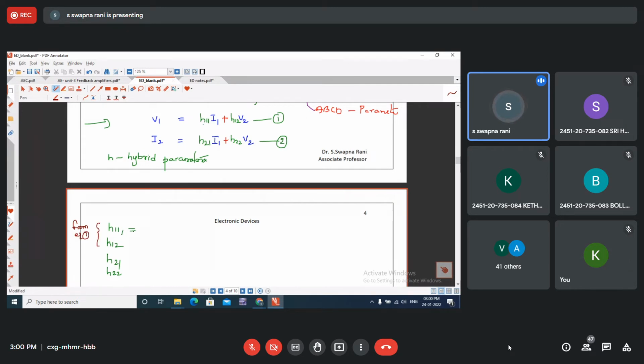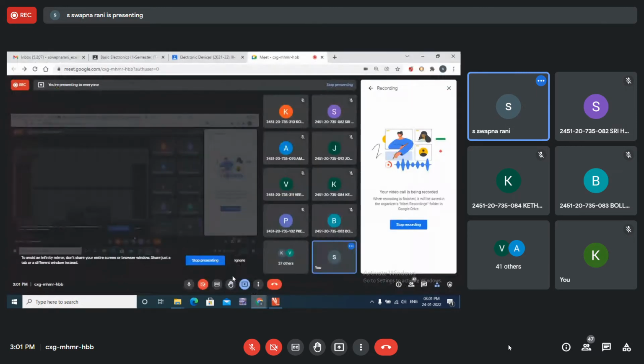From equation 1, H11 is V1 by I1 with V2 equal to 0. What is V by I?